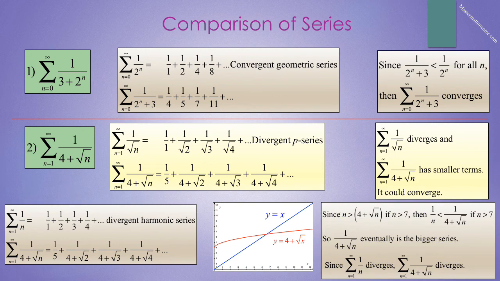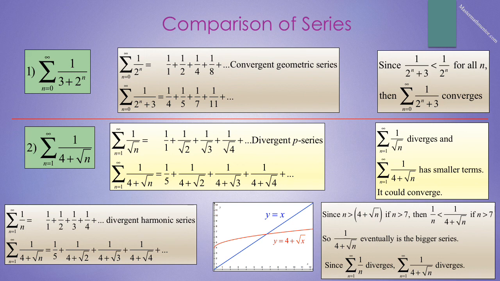So, since n is greater than the expression 4 plus the square root of n if n is greater than 7, it follows that 1 over n must be less than 1 over 4 plus the square root of n if n is greater than 7. So eventually, 1 over 4 plus the square root of n is the bigger series.